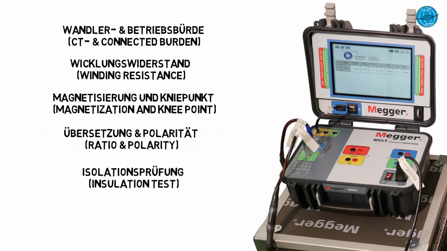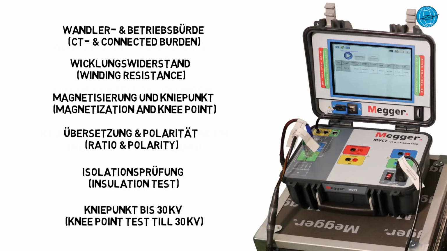With a single push of a button, the MVCT performs a CT sweep test and calculates the nominal knee point. The saturation test can check knee points up to 30 kV using innovative DC technology. As a result, almost all types of current transformers can be tested with this portable device.